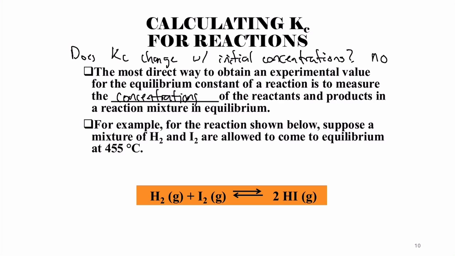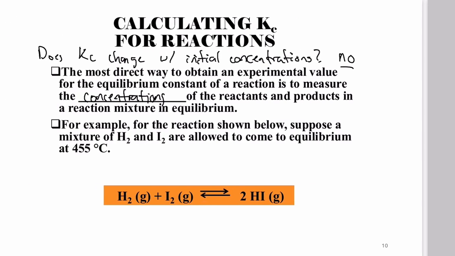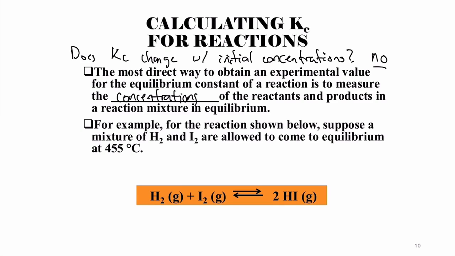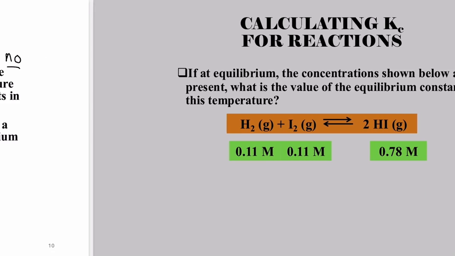So Kc does not change with initial concentrations. And so that was the purpose of solving for the equilibrium concentration, was then to find the equilibrium constant. And we'll learn that the equilibrium constant is then related to other thermodynamic properties like the energy of the reaction and how the temperature affects it as well.